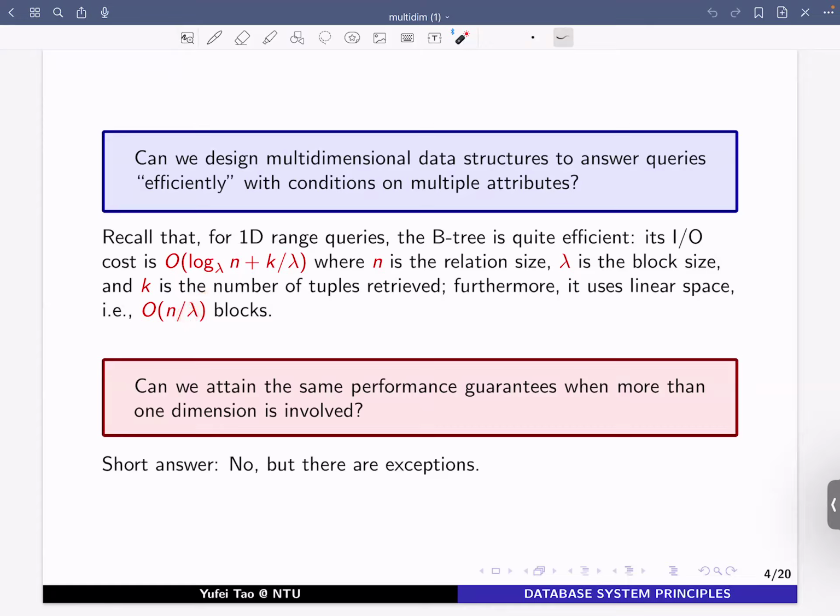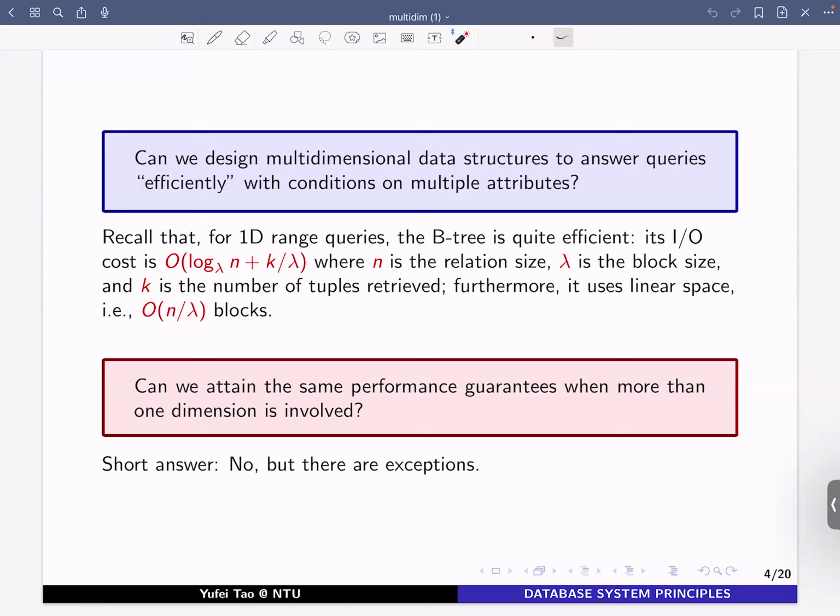Okay, so n over lambda is the smallest number of blocks that you will need in order to store n values, up to a constant factor. In the disk environment, we measure space by how many blocks you use rather than how many words you use.